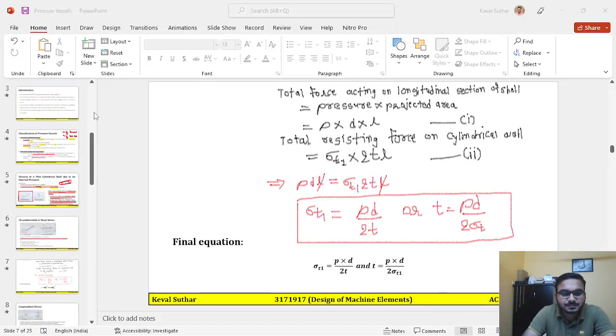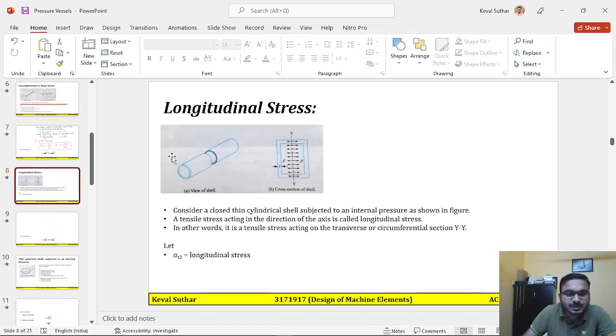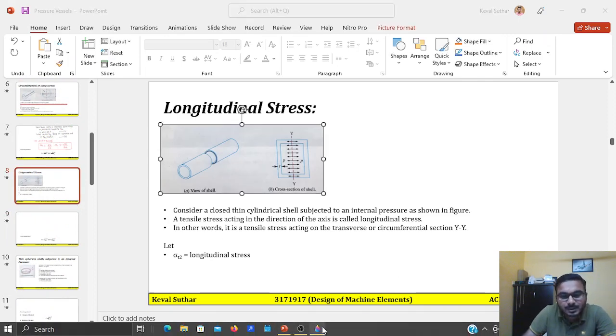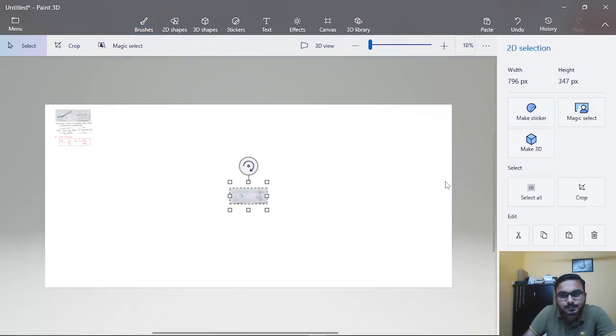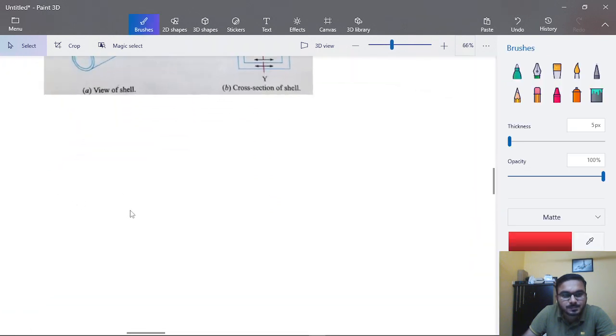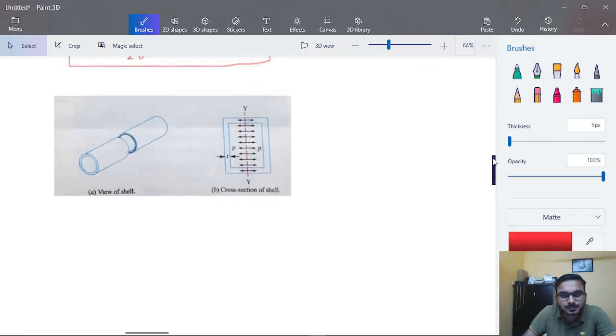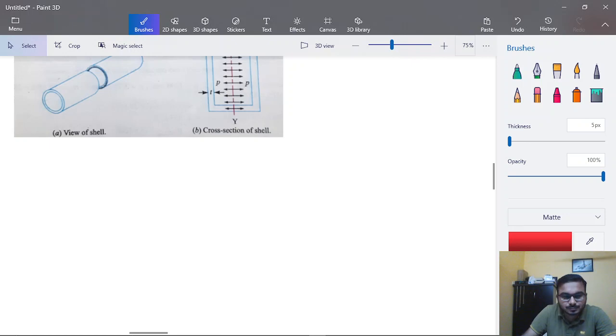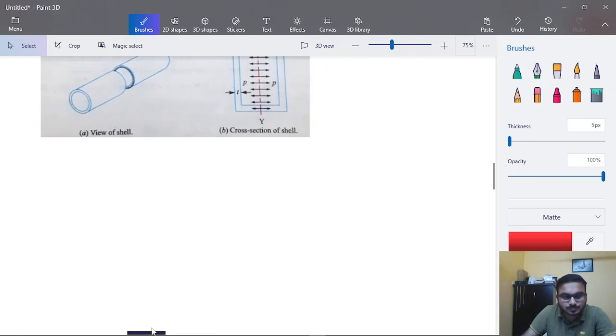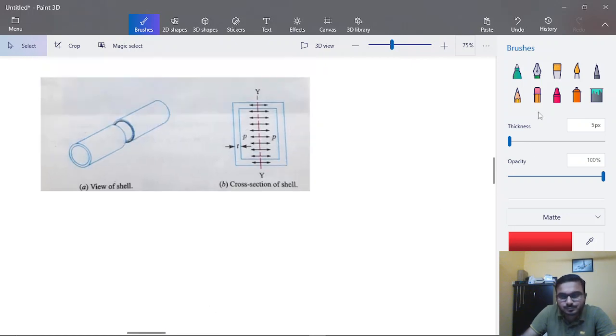Now we will derive it. For that, again we will copy this in our whiteboard over here. Now let's begin.